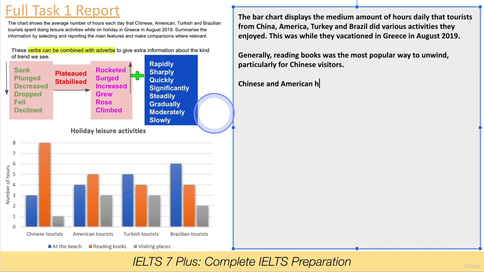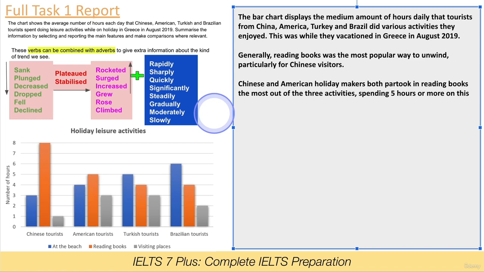Chinese and American holidaymakers both partook in reading books the most out of the three activities, spending 5 hours or more on this hobby.